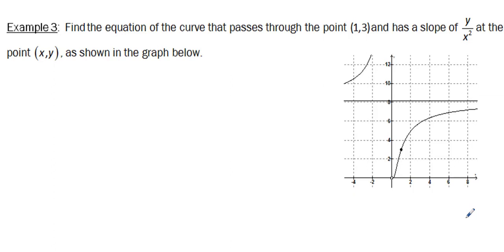Find the equation of the curve that passes through the point 1, 3 and has a slope of y over x squared at the point xy that they gave us. Just kind of over-explain themselves a little bit, as shown in the graph below.